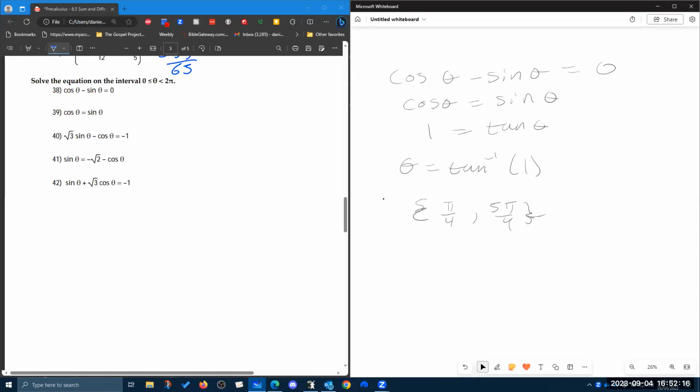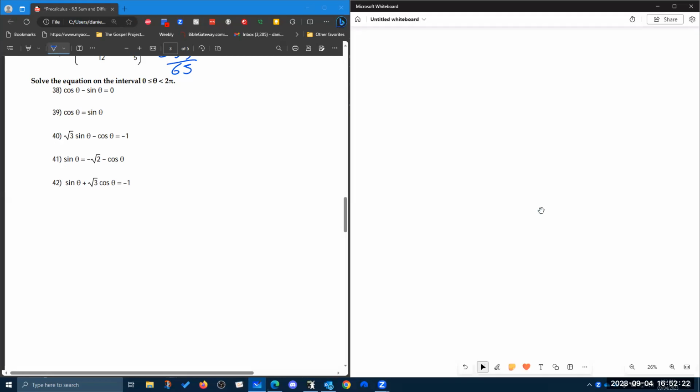Quadrants 1 and 3. Cosine theta equals sine theta, really the same problem. 1 equals tan theta. So same answer, pi over 4, 5 pi over 4.